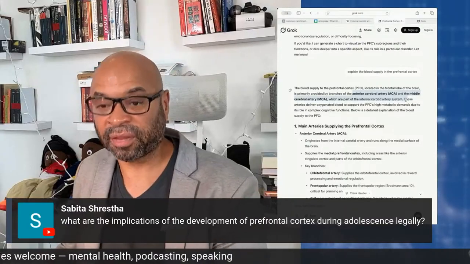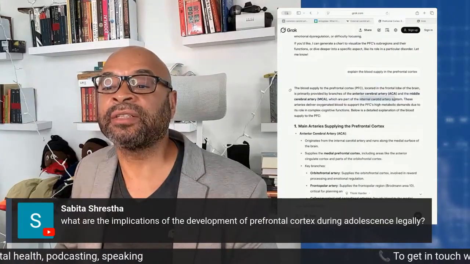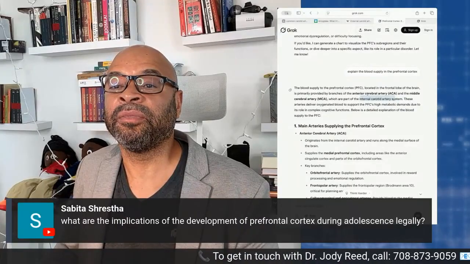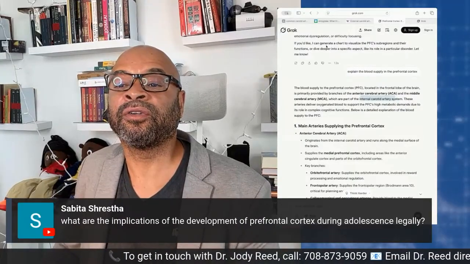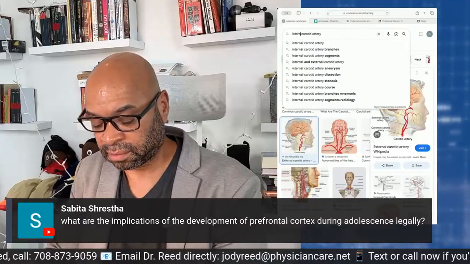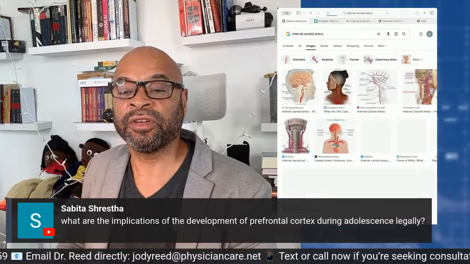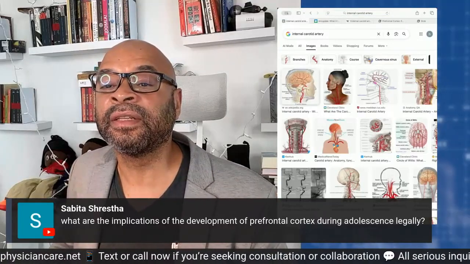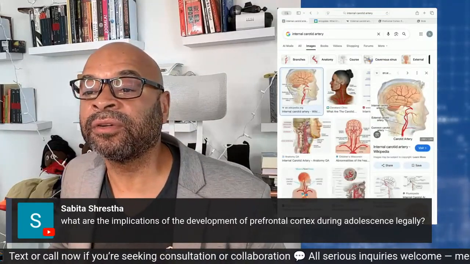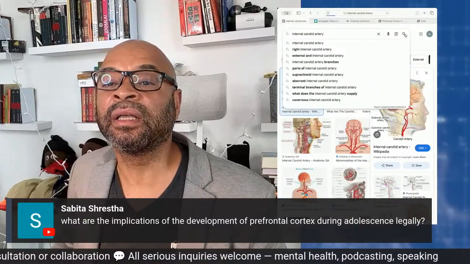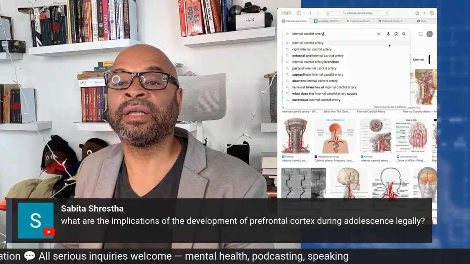I showed the internal carotid system there. Now let me go from the internal carotid system to the internal carotid. Hopefully I'll see how it breaks off. We've got an internal carotid here, but I want to see how it bifurcates. And then let's see branches.